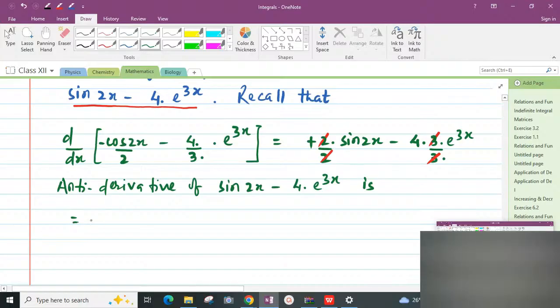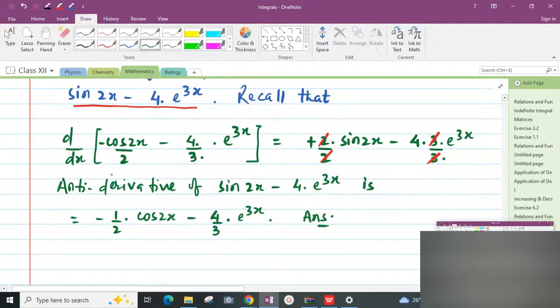We write down here minus 1 by 2 into cos 2x minus 4 by 3 into e to the power 3x. So this is the answer. There is no problem to understand the solution of this one.